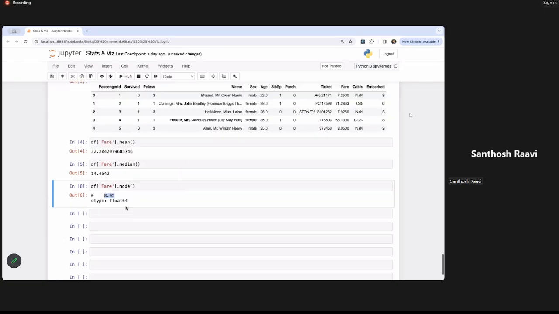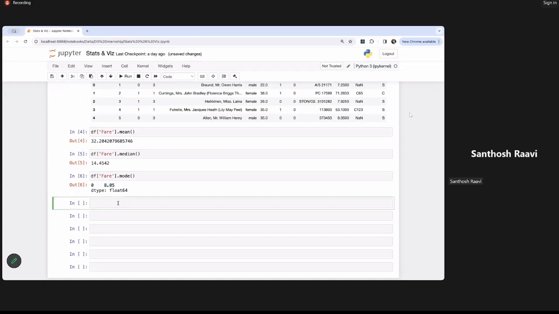Okay, so see, mean and median, always remember they are prone to outliers.